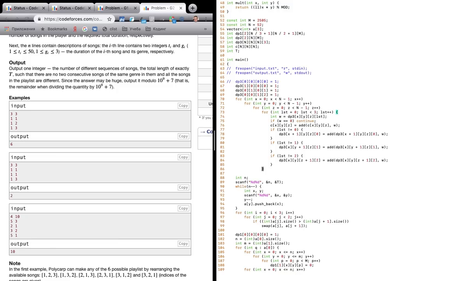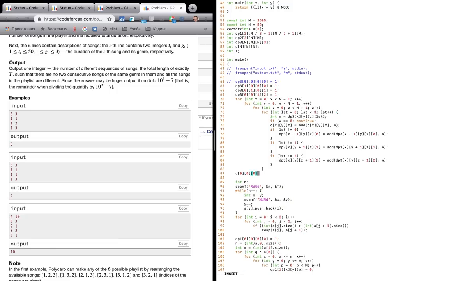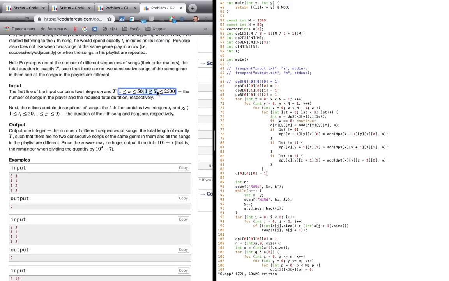Okay, we can do that. We don't need it actually because we have to include at least one song because big T is at least one. But the correct value is one, and I made it here just for this to be true.